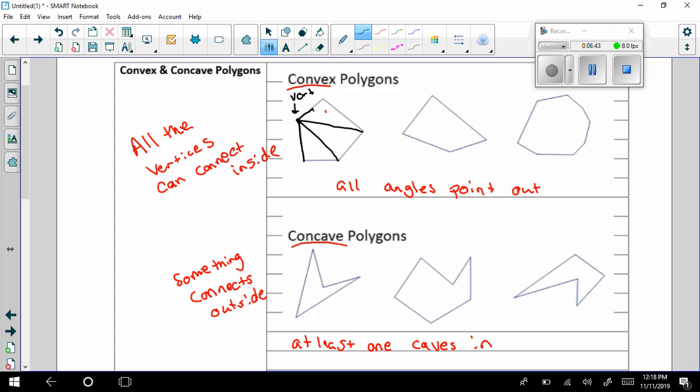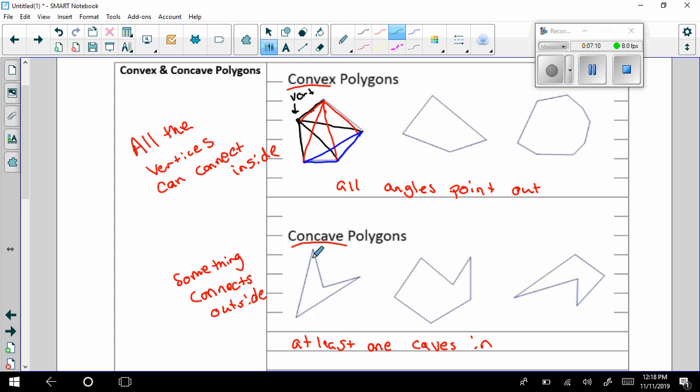Oops, I did not mean to erase that. We can do that with all of the points. So that all of those are inside. Here, all of these are inside. Okay, all of these are inside. So everything is connected to everything else inside of the figure, and that would be true all the way across here.